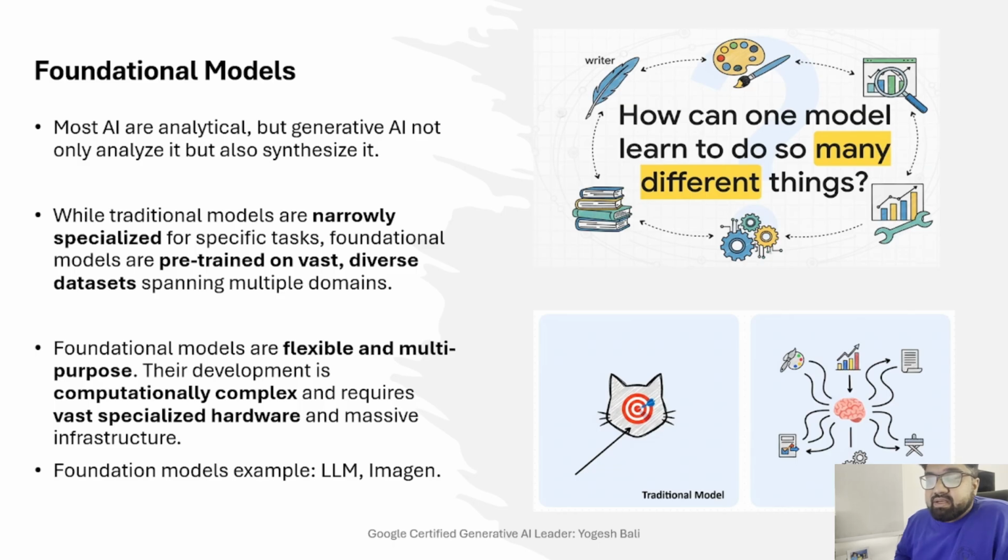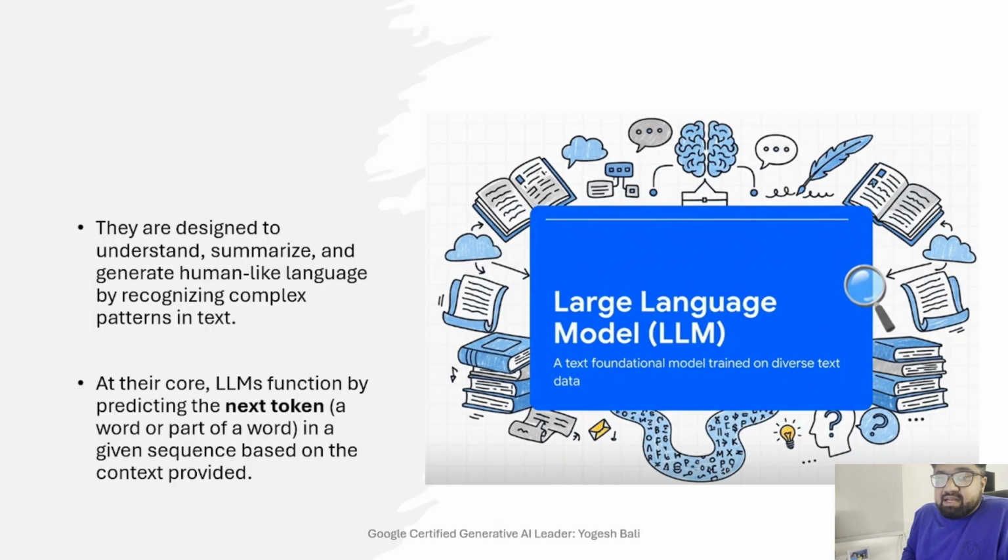And to train a foundational model, we usually require high computational power, specialized hardware, and massive infrastructure. Foundation model examples are LLMs, Imagen, or Gemini. So LLM is a large language model, which is a text foundational model trained on a diverse amount of text data.